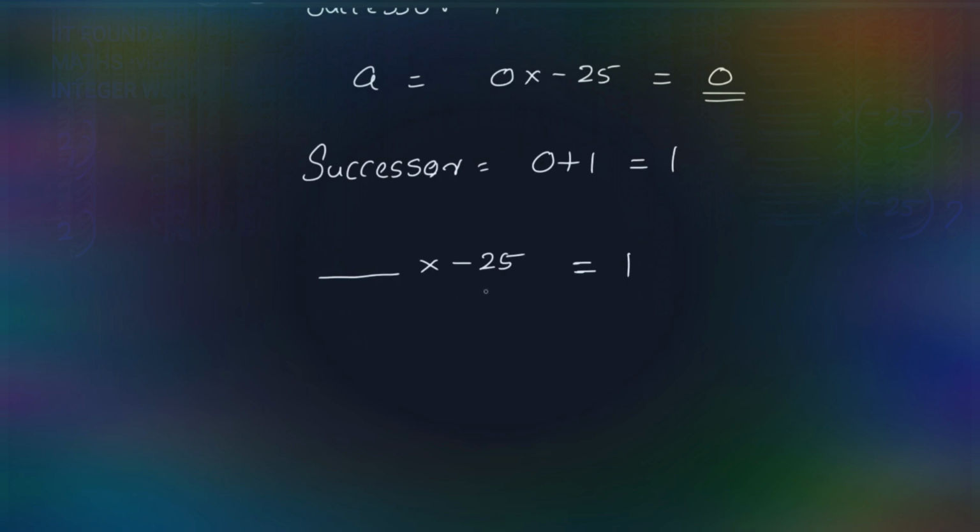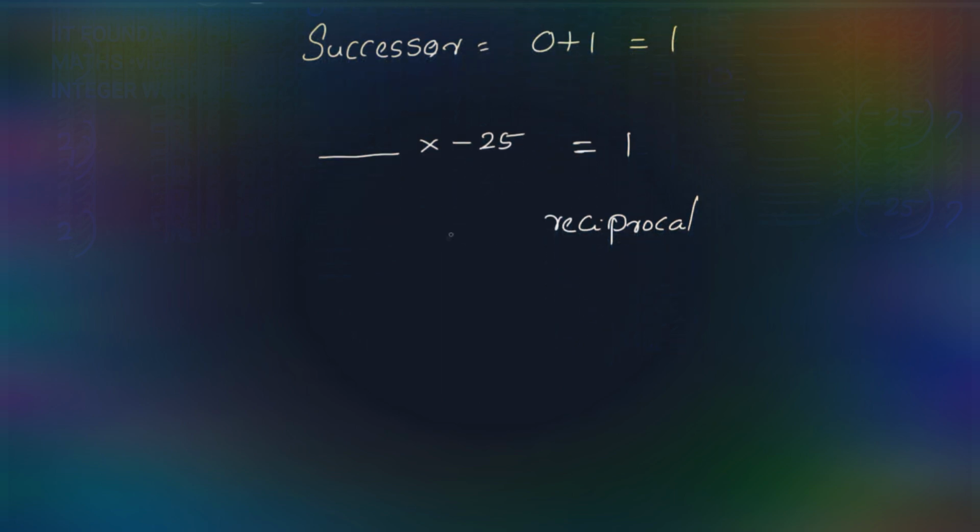We have to multiply the given number with its reciprocal, then only we get the answer as 1. In reciprocal the sign remains unchanged.